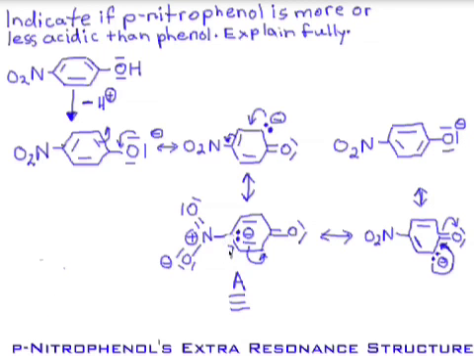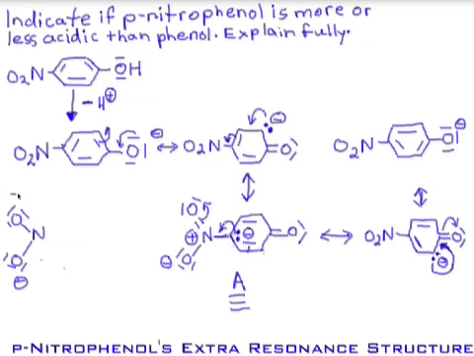Instead of moving the electrons in this direction, the lone pair can move out towards the positive charge of nitrogen. If it does so, the pi electrons on the oxygen-nitrogen bond move out towards the oxygen. If you draw this, you get this.